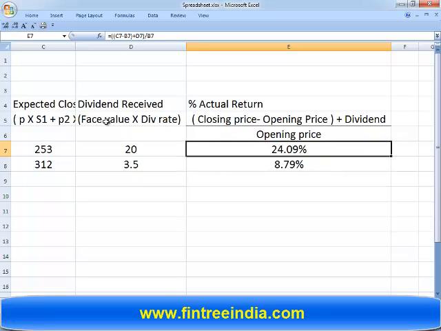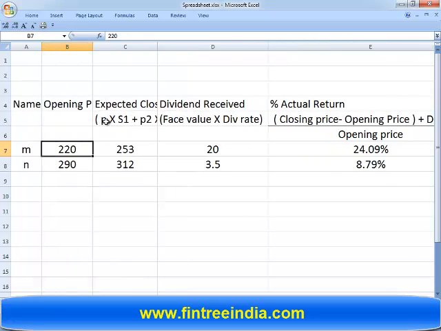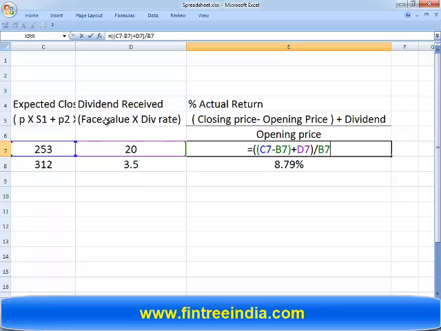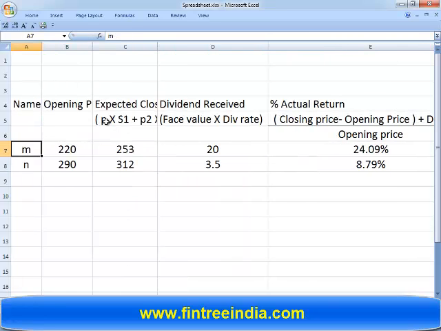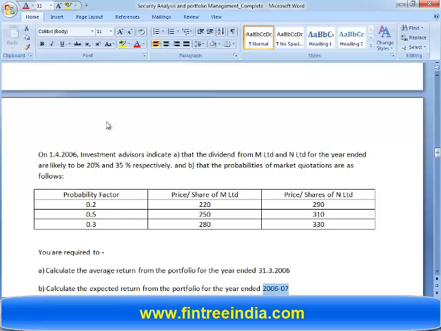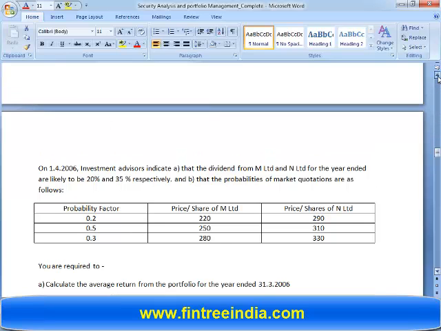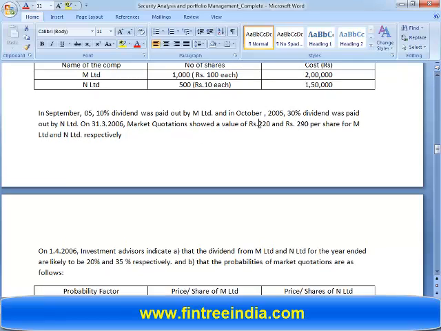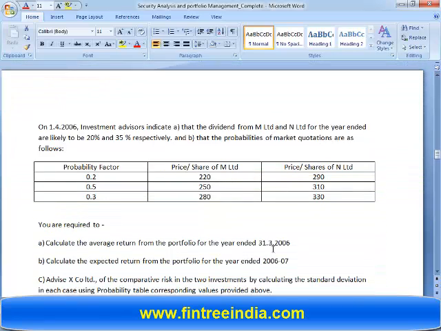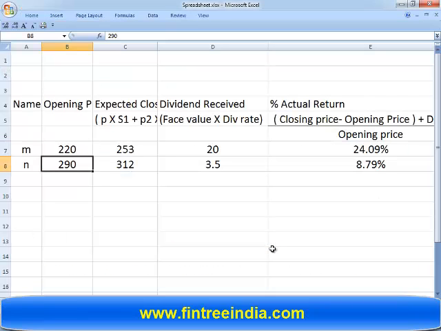Anyone getting different answers? No, Neha? Do you have opening price is 220? It's different? What was the closing price last year? 220 and 290. Now we are in which year? 2006-7. So the closing price of last year is the opening price of this year. It should be 220 and 290. Please increase your speed.